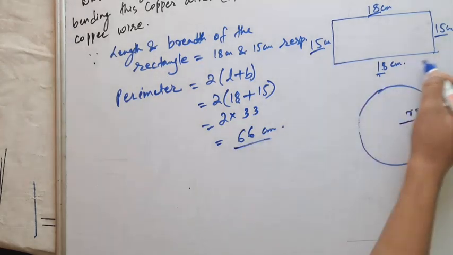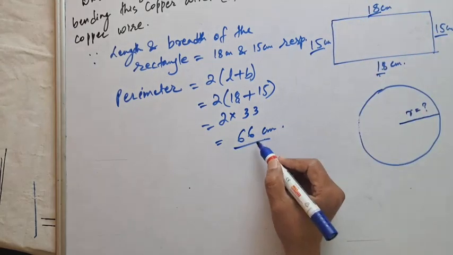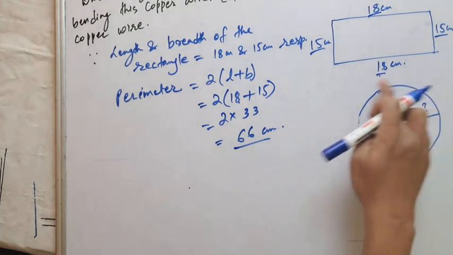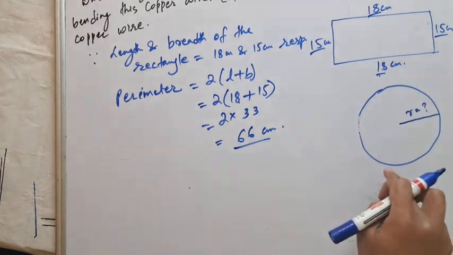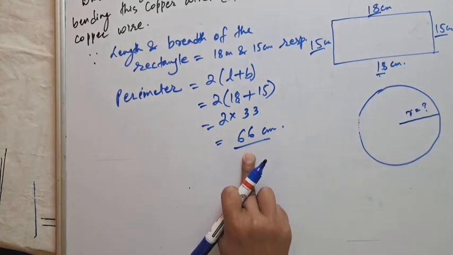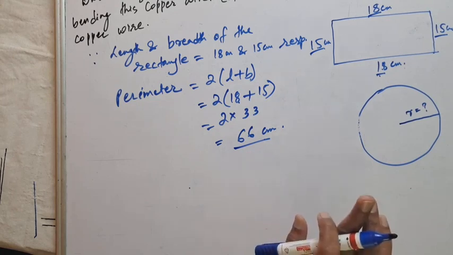So we got the perimeter of this rectangle is 66 centimeter, isn't it? Which means the circular ring is made out of the same wire, so the circumference of the circular ring is also 66 centimeter, because perimeter and circumference are the same thing.